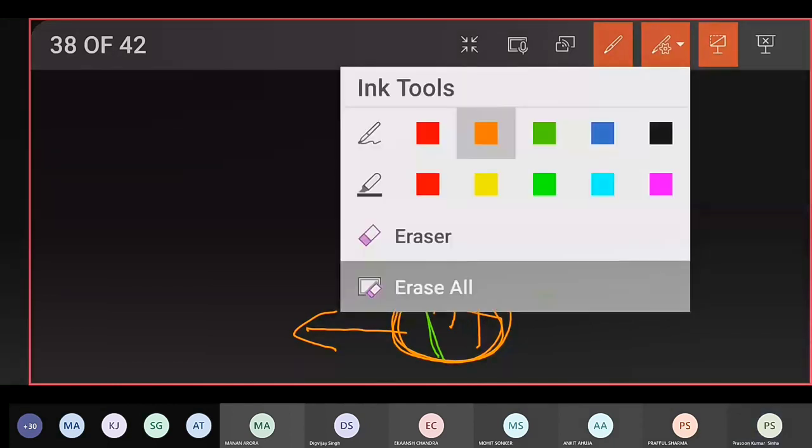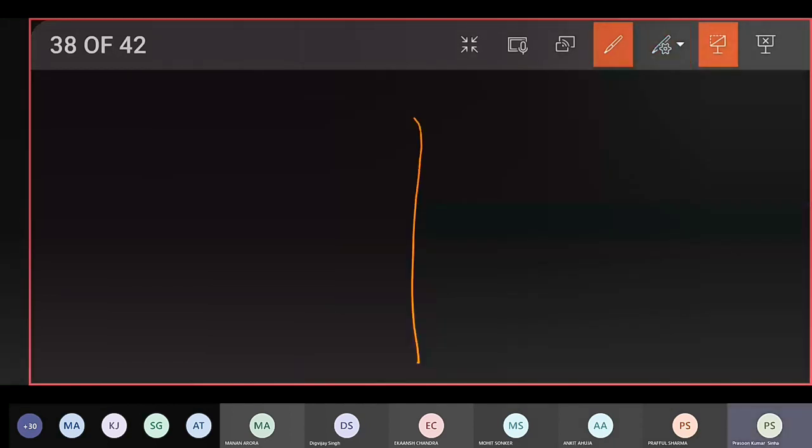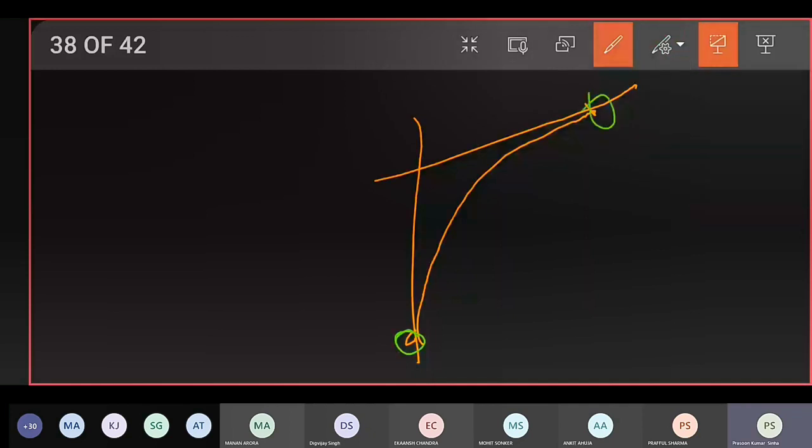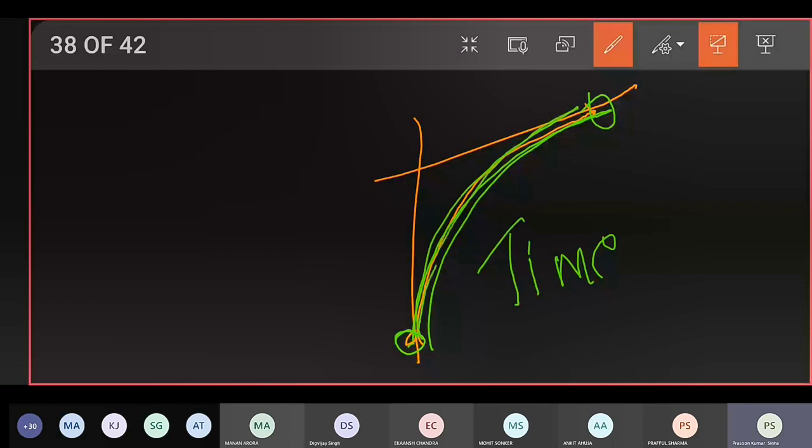But when we are turning, the turn is from this point to this point. Are these 2 points in water or on ground? On ground. The time taken for the ship to cover this distance, is it in water or ground? Ground.